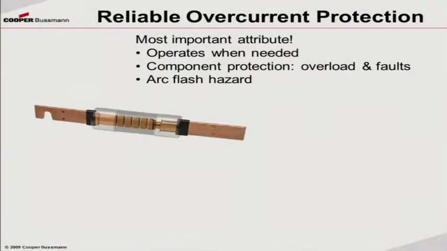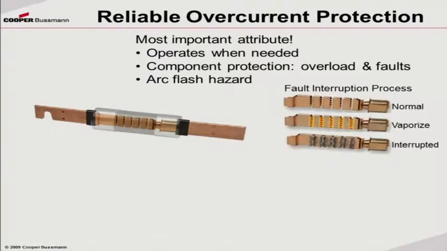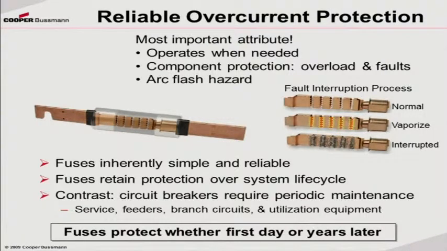So fuses are made with devices inside of them so that they can turn off current very, very quickly. And this is just a picture of some fuses here that have operated. This was the pre-operation, that's while it's arcing, and this is after it happened. This kind of fuse is put inside of a container where it has a metal, either copper or silver or combinations thereof, that melts at a high temperature.